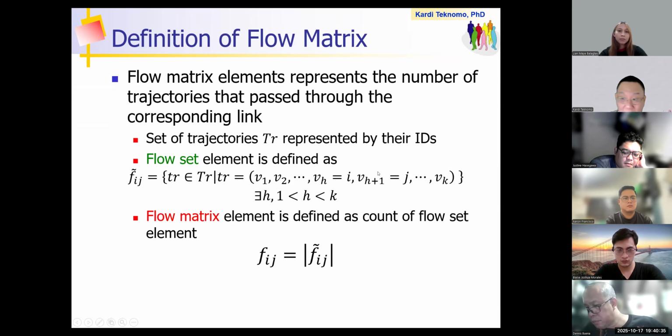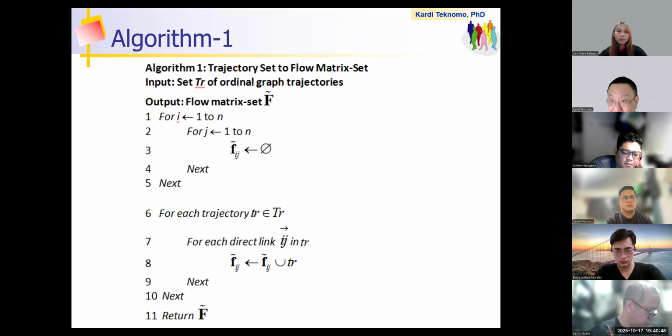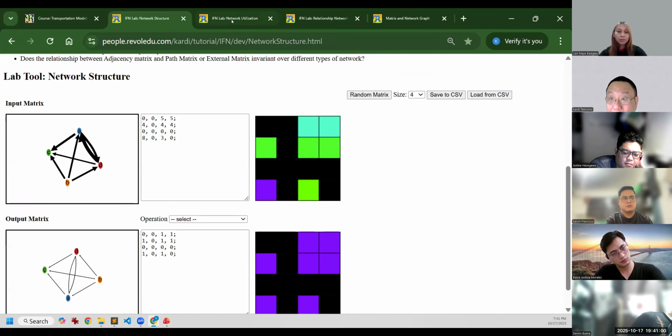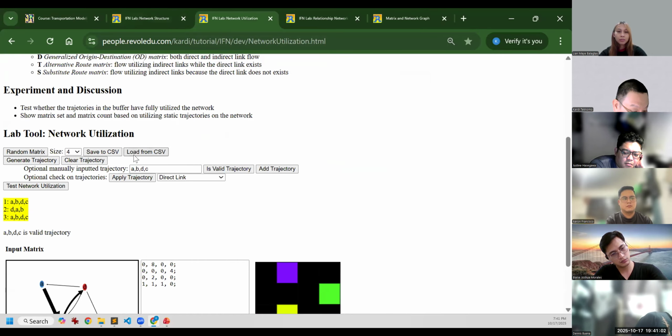If you have two consecutive nodes, that represents the flow matrix. So the count of this flow set represents the flow matrix. The algorithm you can just look at, but the point is, I have already developed a lab from this algorithm for you.